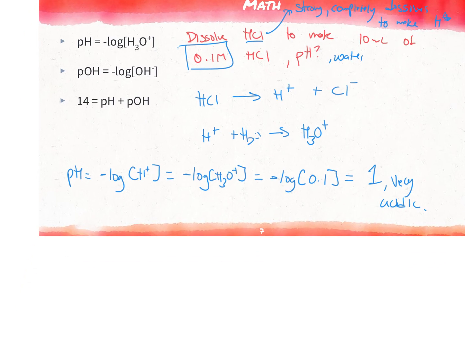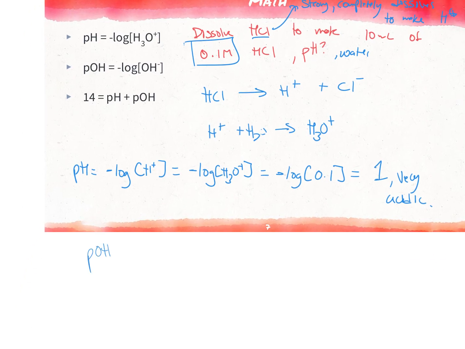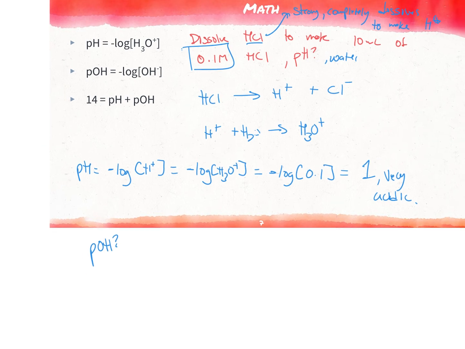Now let's say I want to take it a step further and I ask you, what's the pOH in the solution? Well, we know that 14 equals pH plus pOH, and we know pH. So pOH is just going to equal 14 minus the pH, so 14 minus 1, which equals 13. We don't talk about pOH as often as we do pH. It's the exact reverse of pH.